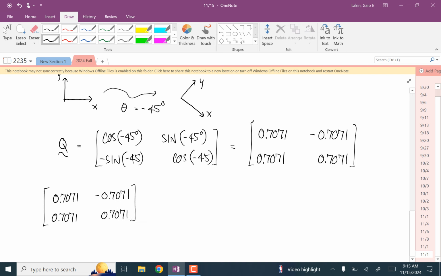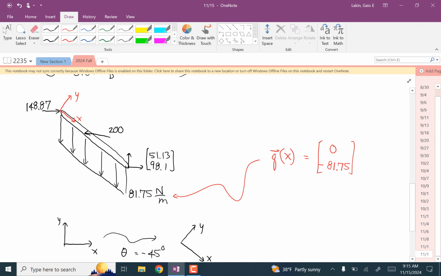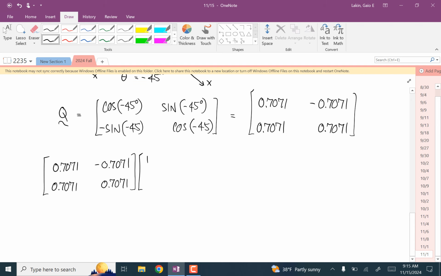And we're multiplying that times 148.87 in the positive x, 0 for y. 105.267. What is it? 105.267. Okay. And then what for y? Same.